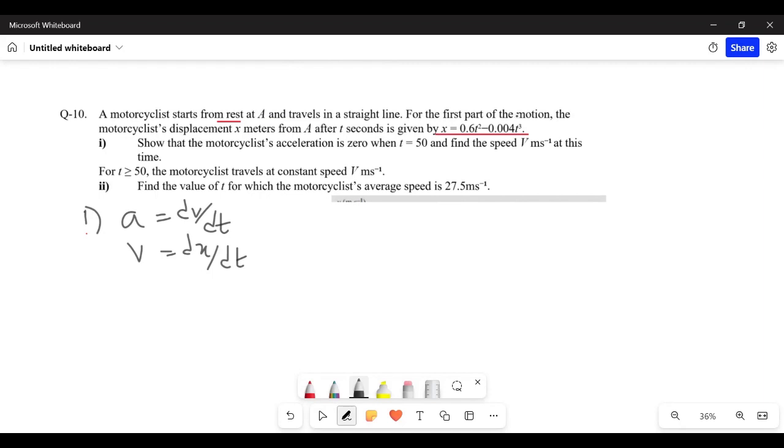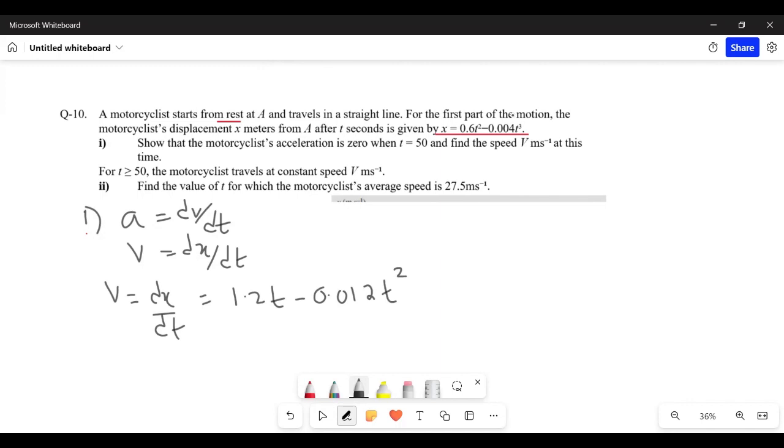So we will have to differentiate this given expression 2 times and then set acceleration to 0 and find the time. Okay, so first let's find v from dx by dt, which is 0.6 into 2 gives 1.2t minus 0.004 into 3 gives 0.012 t square. Okay, this is the expression for v.